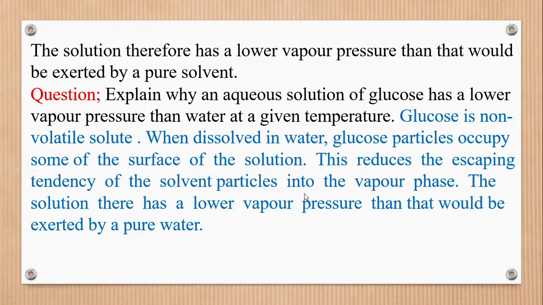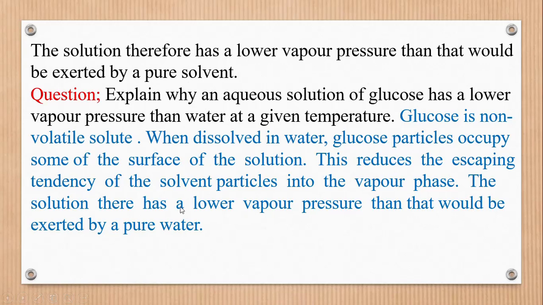So when you look at what we have written here, we've said glucose is a non-volatile solute, and when dissolved in water, glucose particles occupy some of the surface of the solution. So it occupies the surface of the water. This reduces the escaping tendency of the solvent particles into the vapor phase.